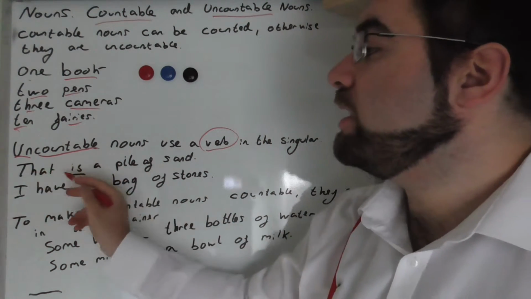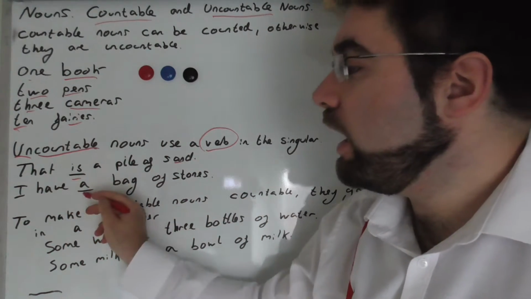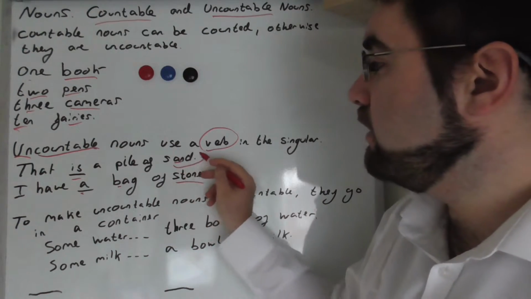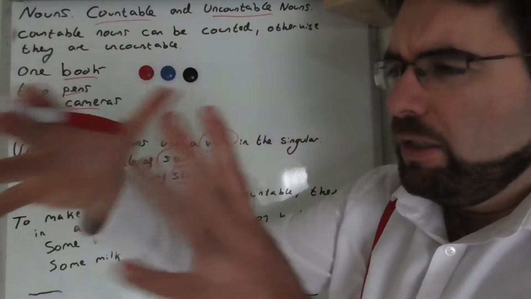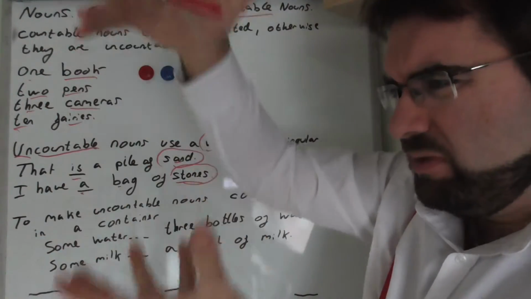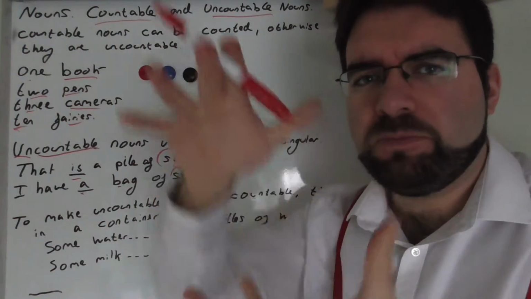So we say, that is a pile of sand. I have a bag of stones. So with sand and stones, we can't count them as easily. How many? Difficult to know. We can't count them.